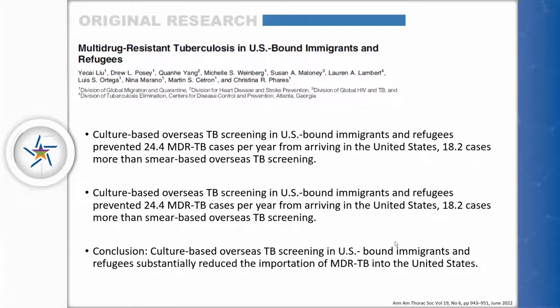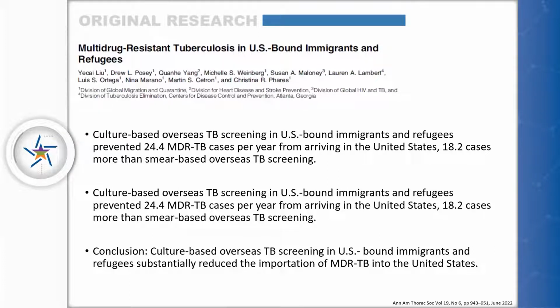One thing I wanted to interject here: all of the screening and the sputum testing, it's working. This was a paper that was just published earlier this month, looking at multi-drug resistant TB in US-bound immigrants and refugees.